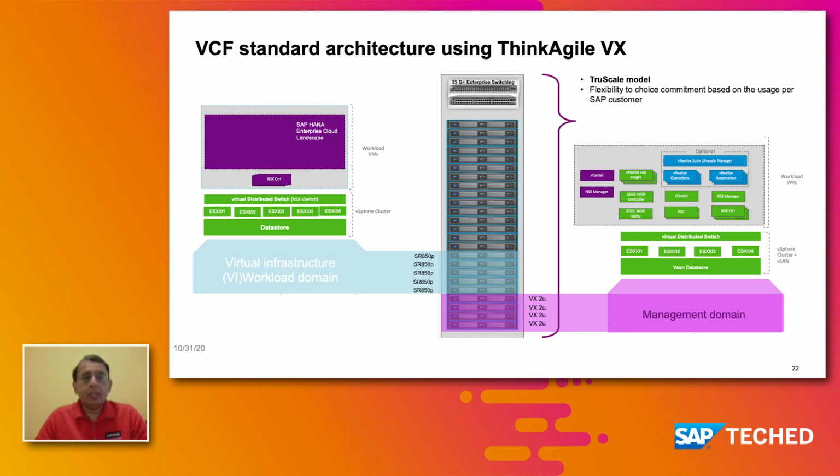These will be, for example, hosting the HANA VMs. On the right-hand side, you see the vSAN layer details. There is the storage along with instances for running various management services pulled together by the distributed switch. And then on top are operational and automation capabilities that VCF brings you.